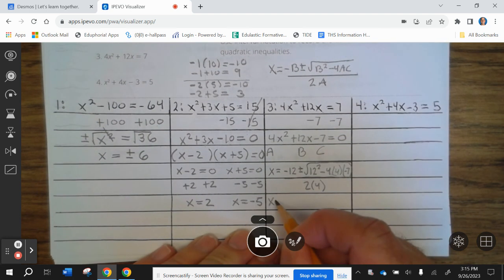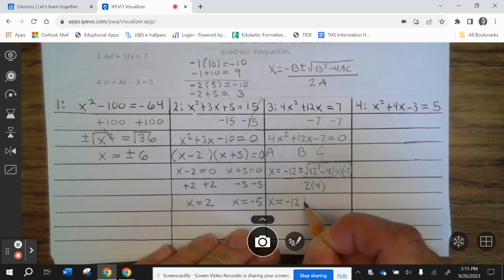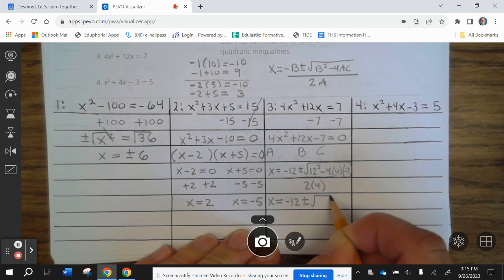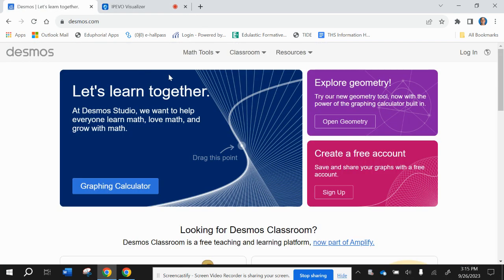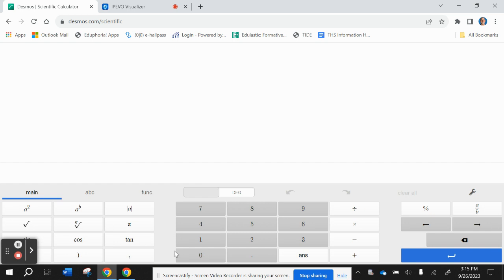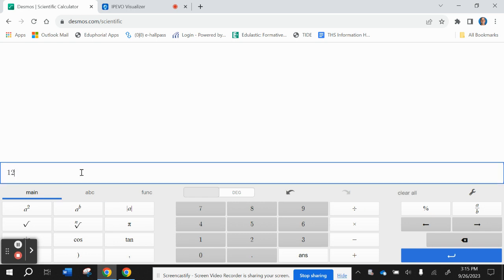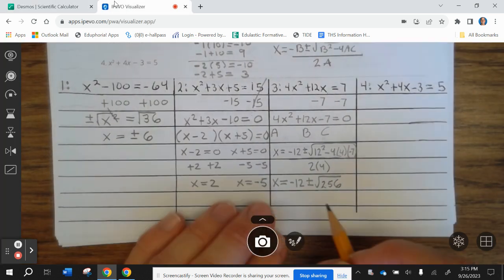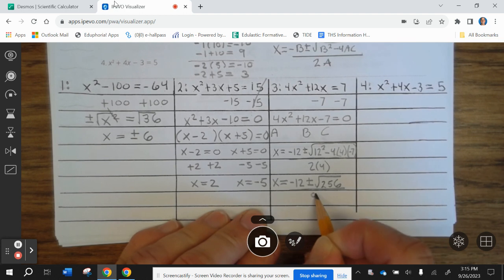So x equals negative 12 plus or minus the square root. Let's go ahead and get that. So I'm going to use the scientific calculator. So we're going to do 12 squared minus 4 times 4 times negative 7, which is 256, divided by 2 times 4 is 8.